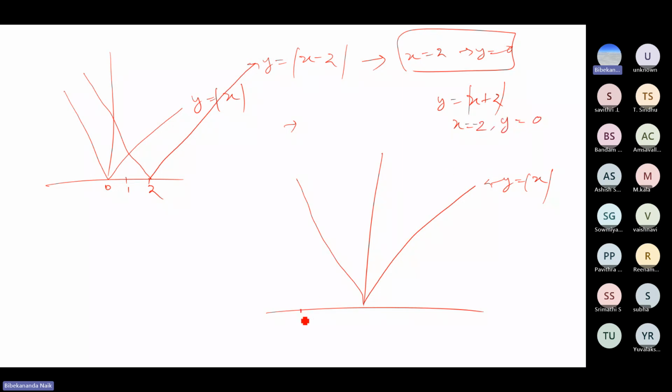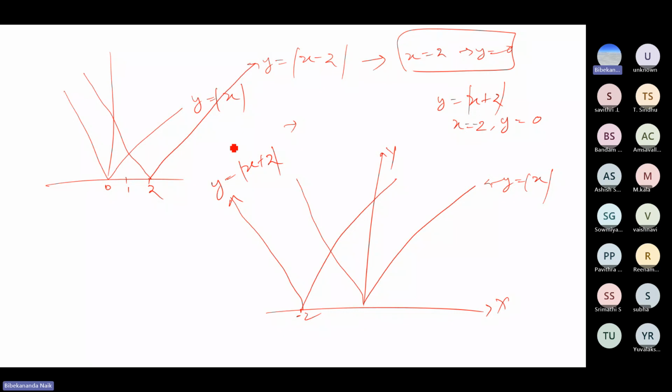So at this point, this is minus 2. This is the x axis, this is the y axis. So the curve will be like this. So this is y equal to |x + 2|.